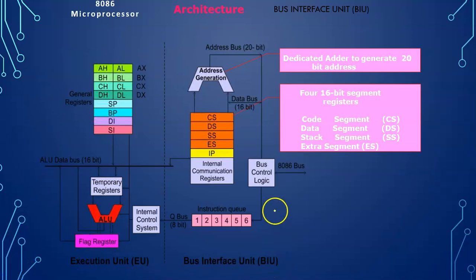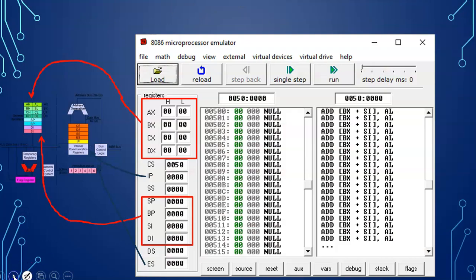BIU is just to fetch the address and data, and the execution unit, EU, is for execution. It is separated because it wants to be faster. These are the simulations.